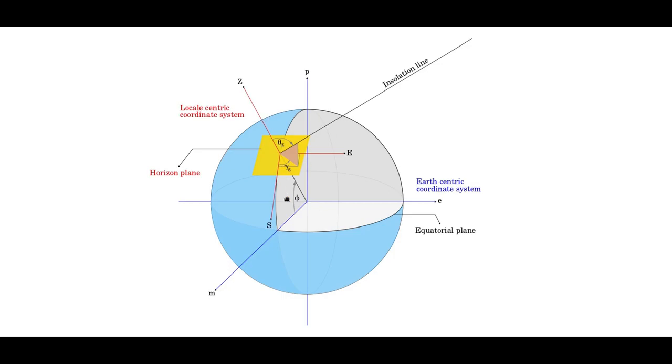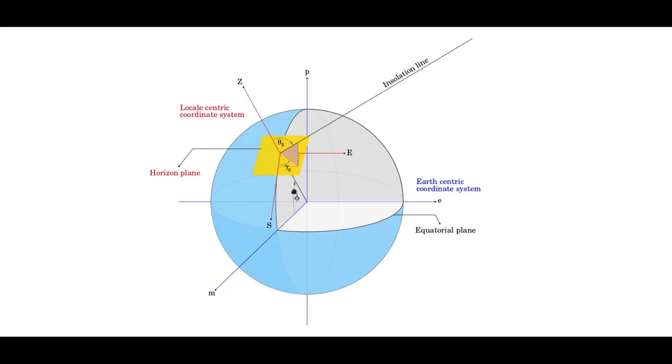This coordinate axis system you are now familiar with. This is a familiar figure. This is the locality of interest, and this is the local centric coordinate system. This is the horizon plane, this yellow plane. This horizon plane can be considered as the horizontal flat plate on which we want to now estimate the amount of insolation falling on it normally.